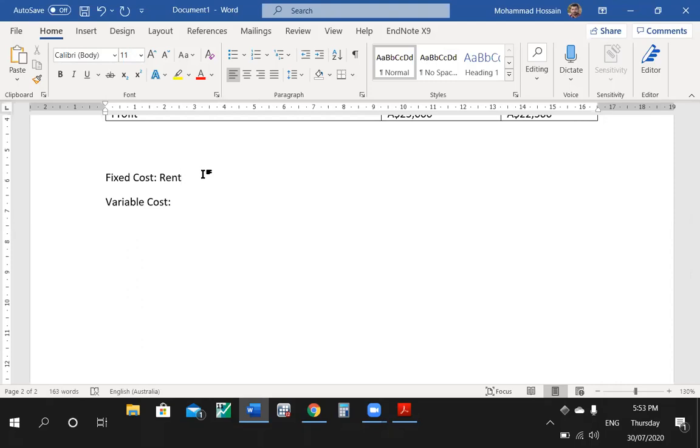Then you did not produce. It doesn't matter if you produce or not, you have to pay your rent. Whether you produce one, you produce two, or you produce thousands, that's not the problem of the landlord. The fixed cost is rent.